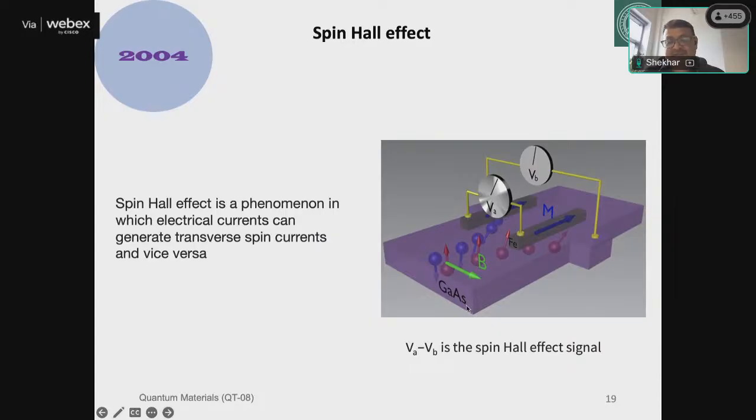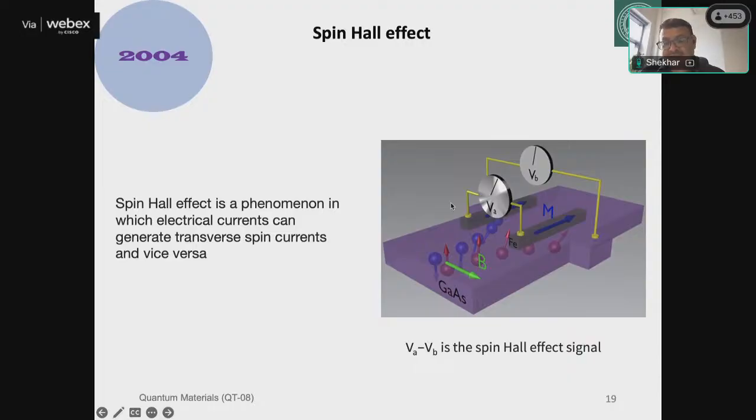We take a thin layer of gallium arsenide, where we can see the quantum Hall effect. In the previous case it was independent of the spin, but here, to see the spin Hall effect, we need to filter the spin of the electron. Here iron is the magnetic material with which we are able to filter the spin of the electron.